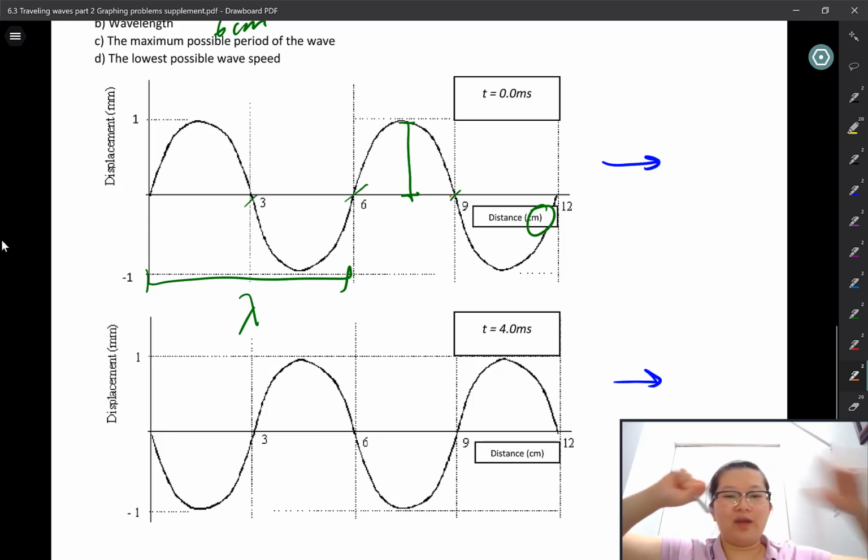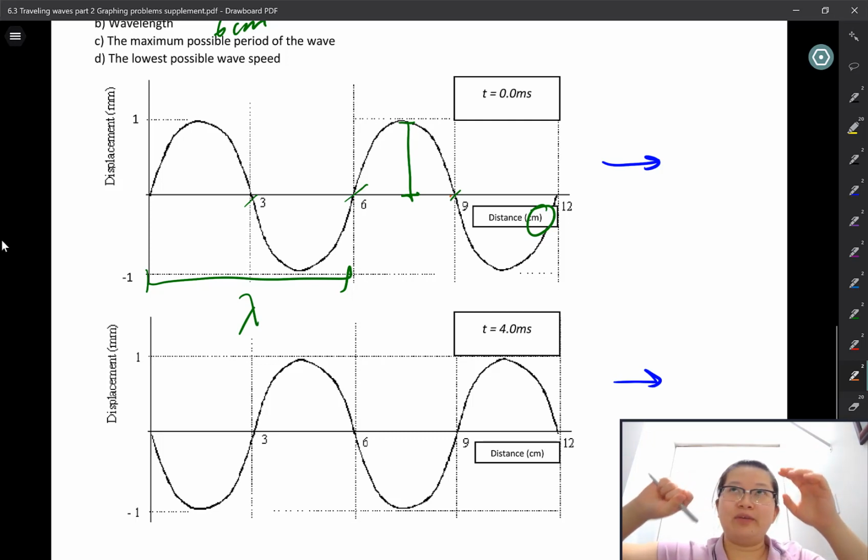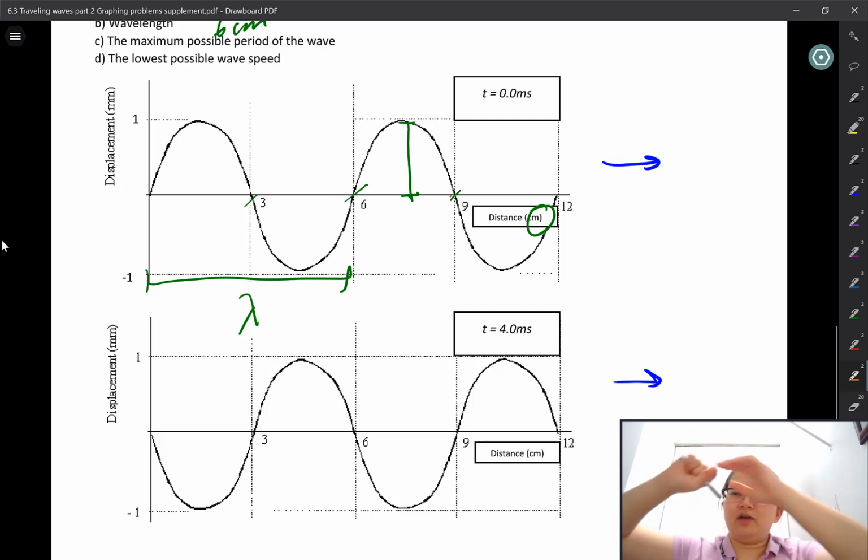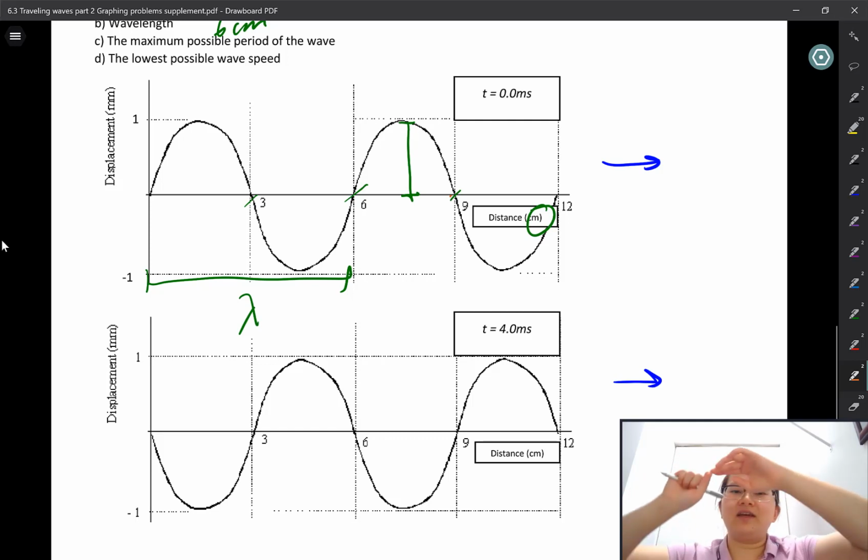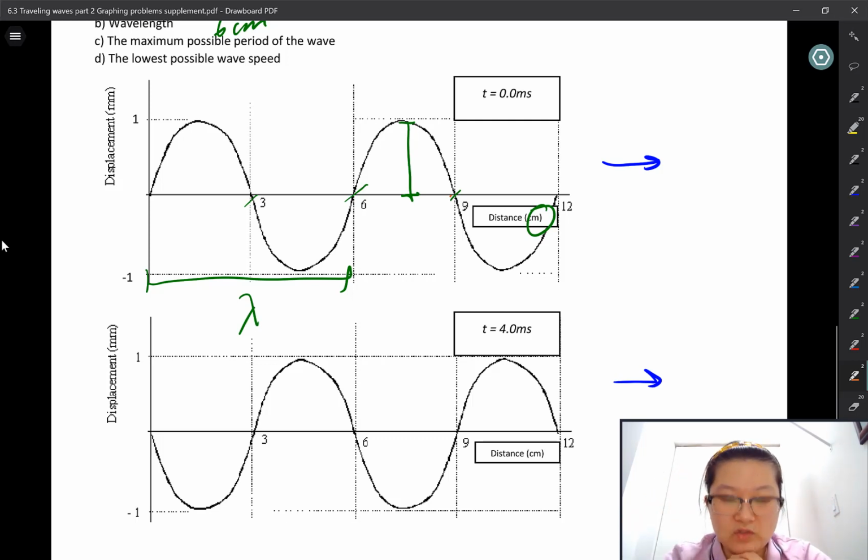We don't want many wavelengths to have gone by. We want fewer wavelengths to go by because we want the maximum period. So the particle would have gone very, very slowly. My wave, the top of my wave, not many wavelengths would have gone by. So those two pieces of information we need to think about as we're doing this one.